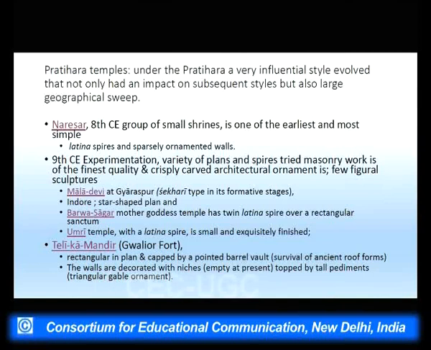Amongst the first to develop a distinct style are the Pratiharas. Now, Pratiharas, as we know, were a very powerful dynasty in the early medieval period, along with the Palas and the Rashtrakutas, all of whom were competing for sovereignty in North India.